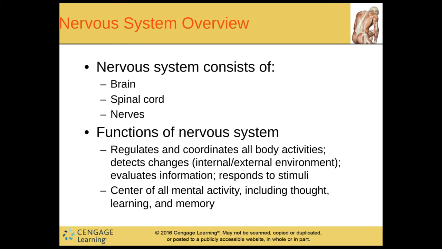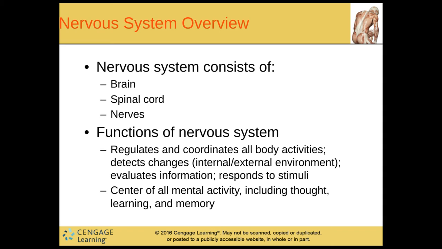So the nervous system overview. The nervous system consists of our nerves, right? And our nerves come from our brain and our spinal cord, and we have nerves all over our body. Whenever we touch our skin, that sensation of feeling like prickliness or a scratch or something like that, that involves the nerves.